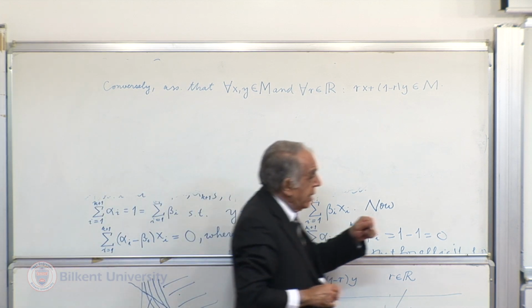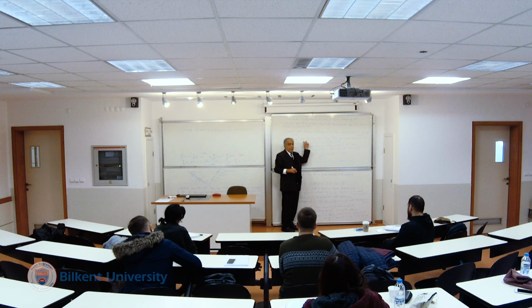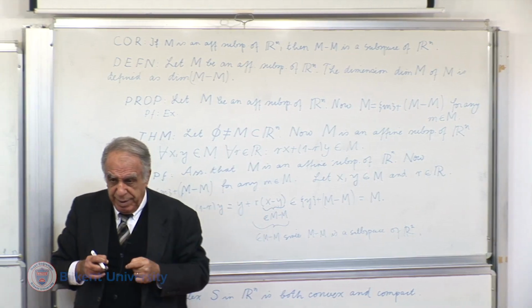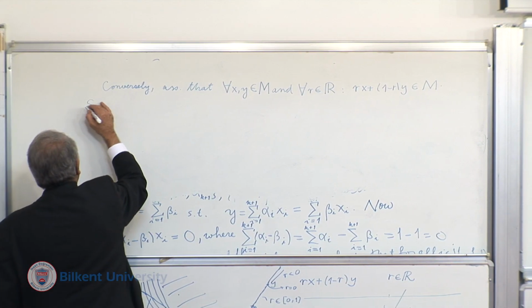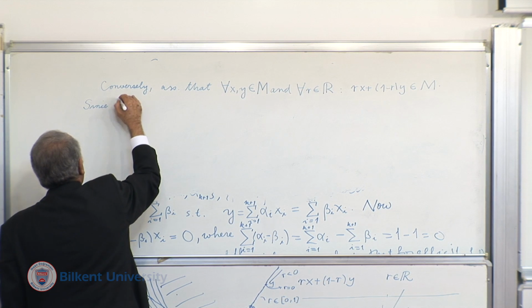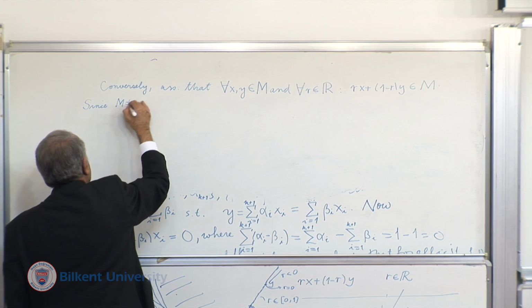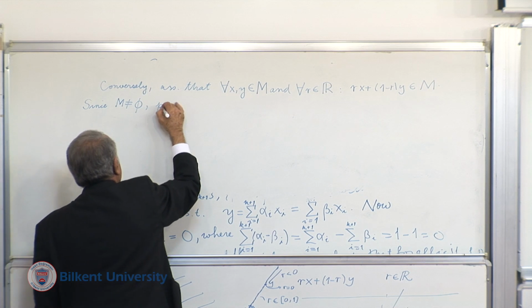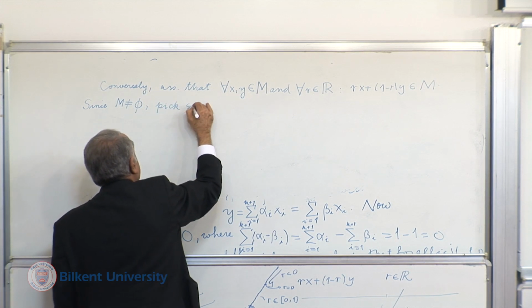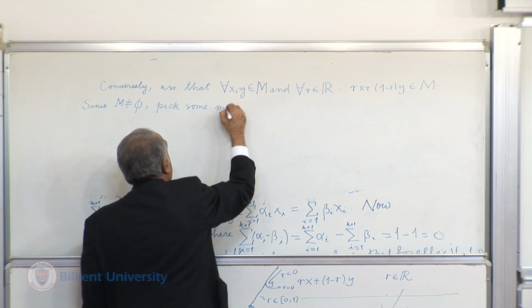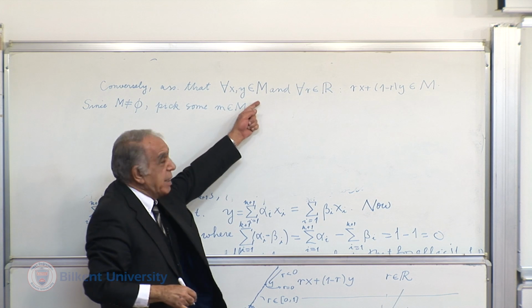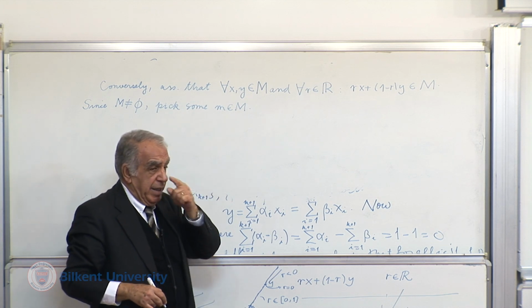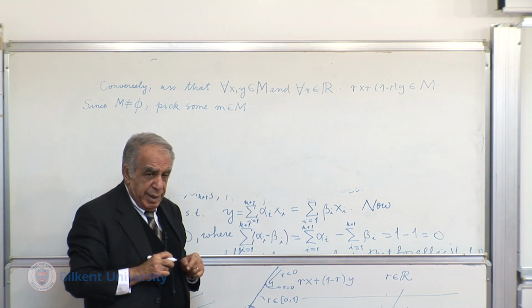Now here, it is given that M is non-empty. So let us pick some m from M. Since M is non-empty by hypothesis, pick some m in M. We will prove that M is an affine subspace in 2 steps.